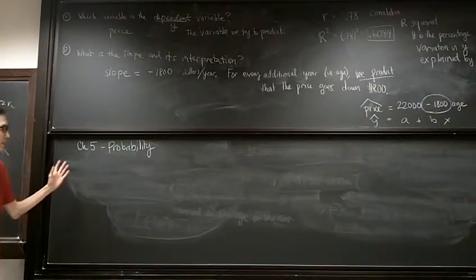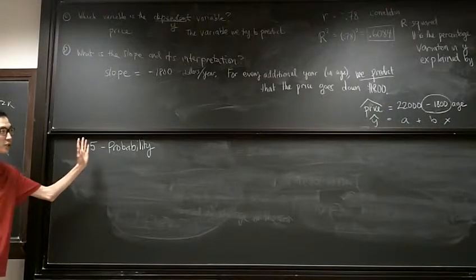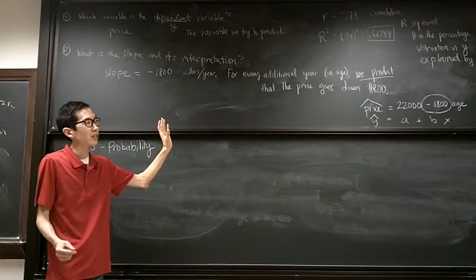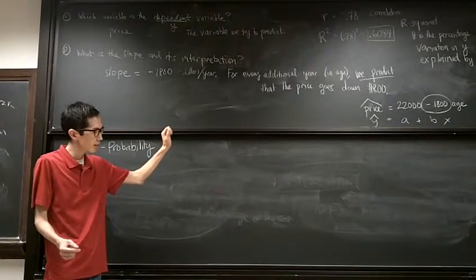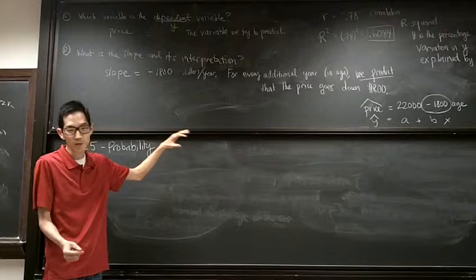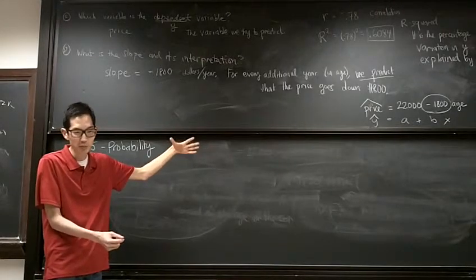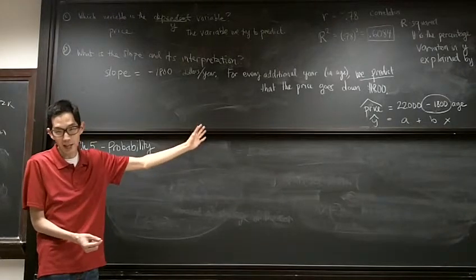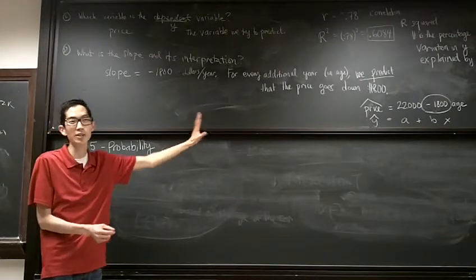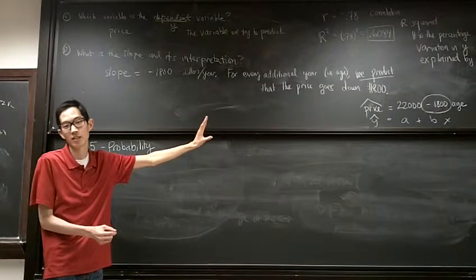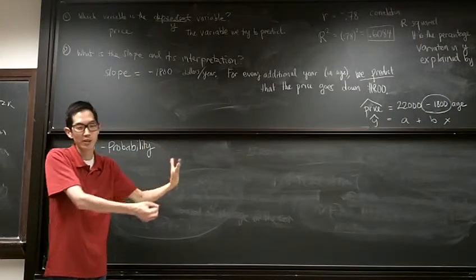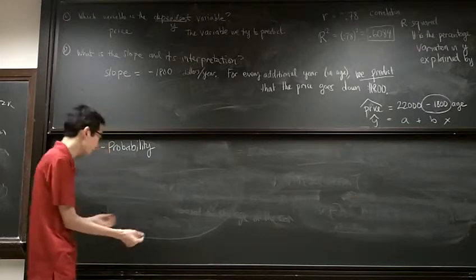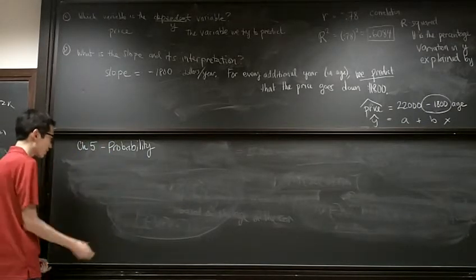All right, so with probability, we are trying to model the chance that an event will occur. That's what probability is all about. There's some event, and it may or may not happen, and we're trying to assign a number to that event that tells us how likely or unlikely it is to happen. That's the overall concept of probability.